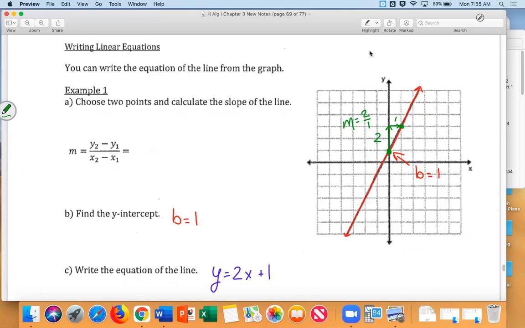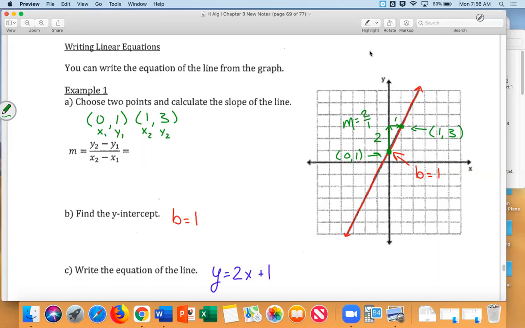But now my slope, well, the slope sometimes, it's not as easy as that. So to review slope, if I pick 2 points on my line, this point is the point (0, 1), and that point is the point (1, 3). So to calculate it, remember, I would label x1, y1, x2, y2.